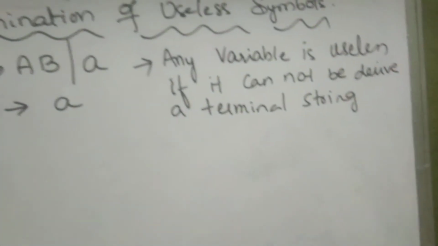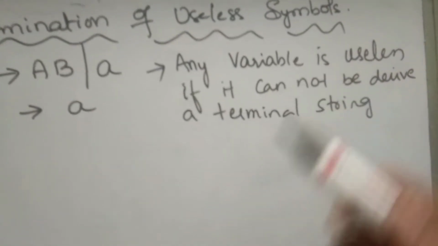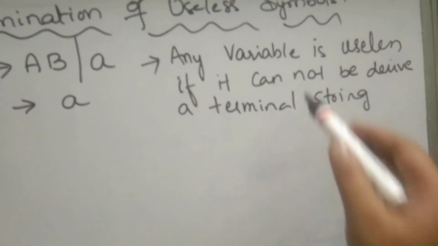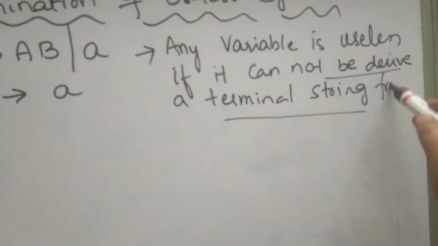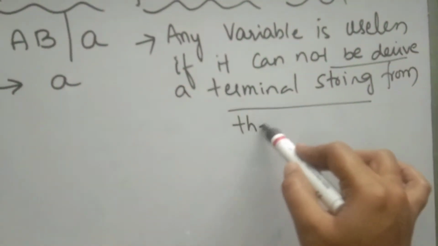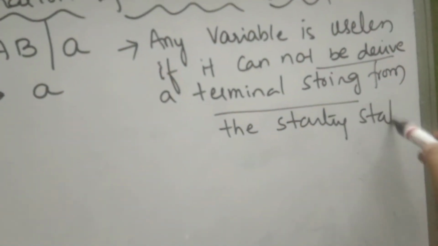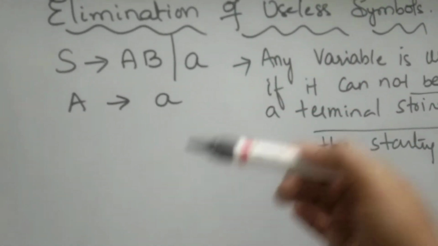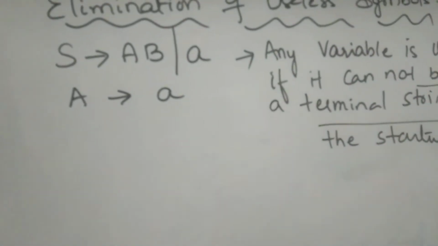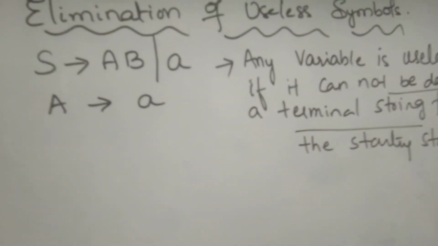Okay, so when we say useless, any variable is useless if it cannot derive a terminal string from the starting state. So if you cannot derive a terminal string from the starting state, then we can say that symbol is a useless symbol.